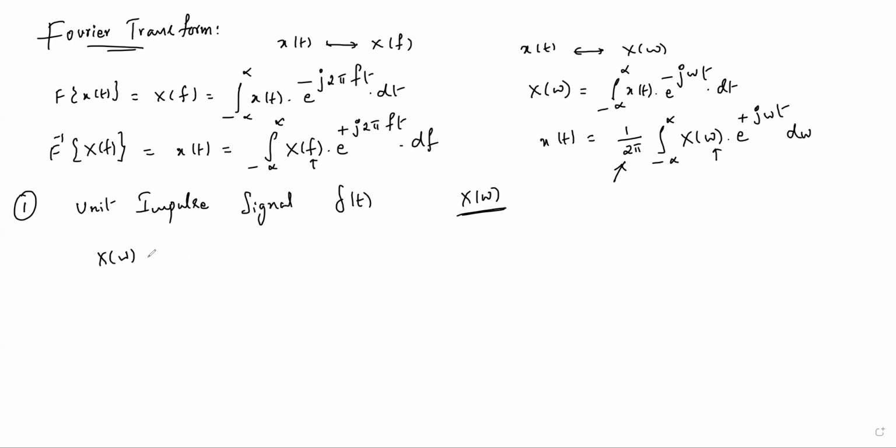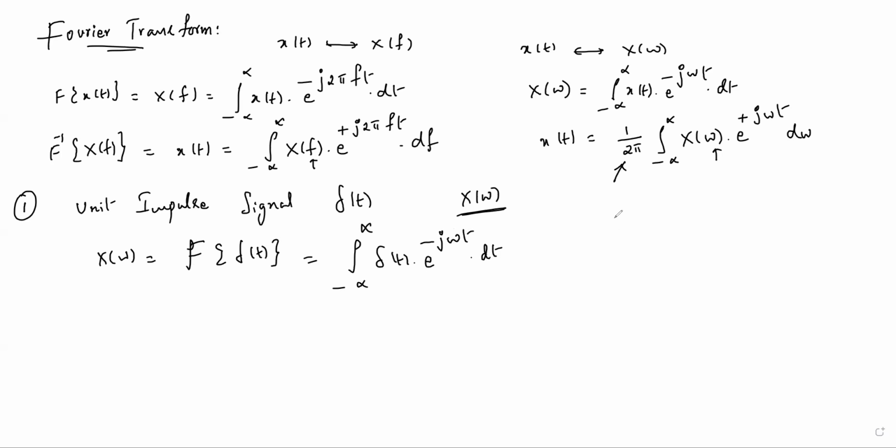So x of omega is Fourier transform of del of t. From the formula, integral from minus infinity to plus infinity of del of t multiplied by e to the power of minus j omega t dt.